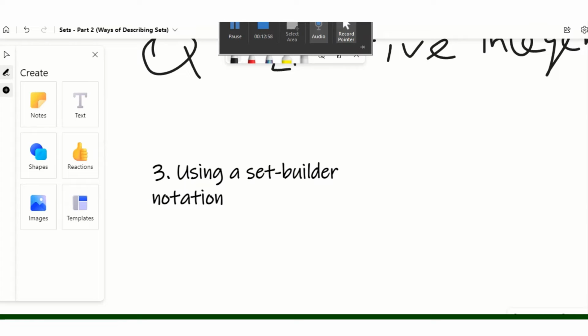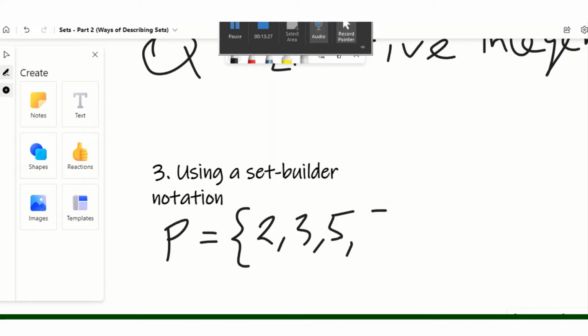Now, let's take our prime numbers. Let me list them here so that you can remember our prime numbers. Remember, we listed our prime numbers, set P. The members are 2, 3, 5, 7, and 11.